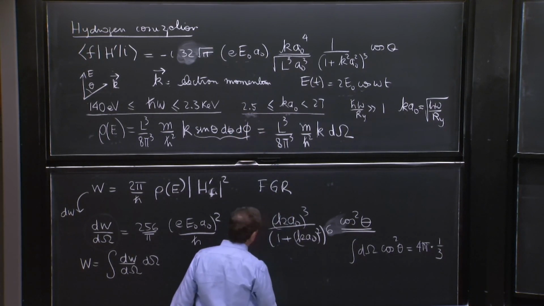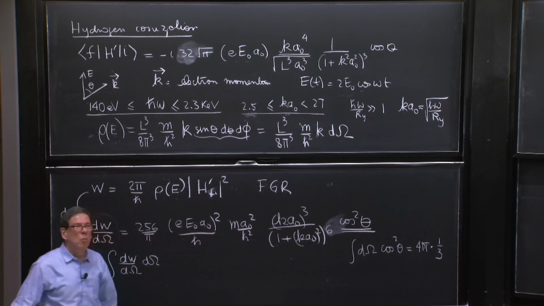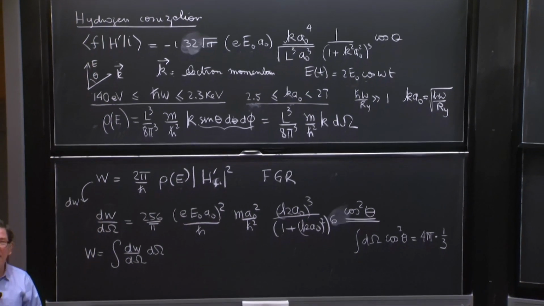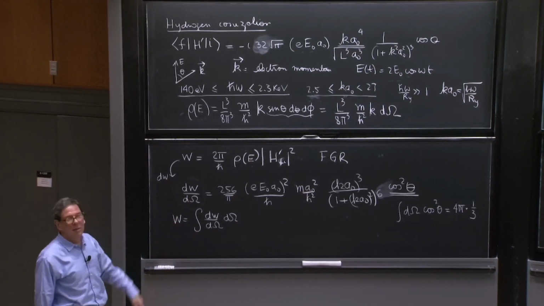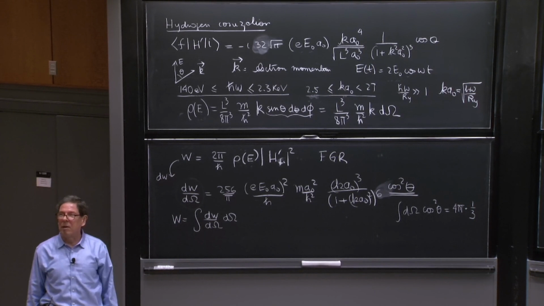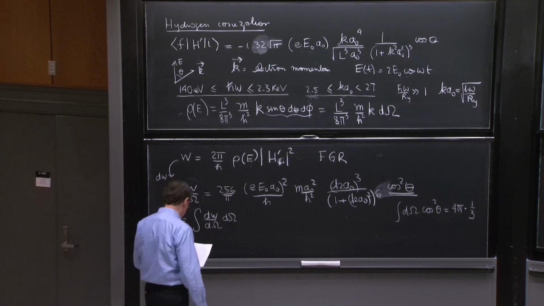So under most circumstances, this one is not worth it. In fact, if you calculate this thing using different approximations, people sometimes don't get this one. And you may see that in books. So let's ignore this one.